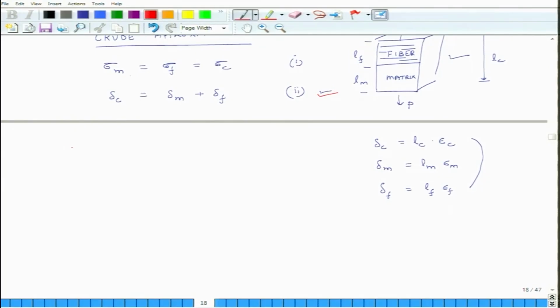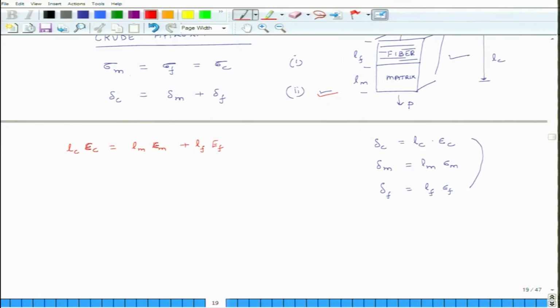So, I get Lc epsilon c is equal to Lm epsilon m plus Lf epsilon f.